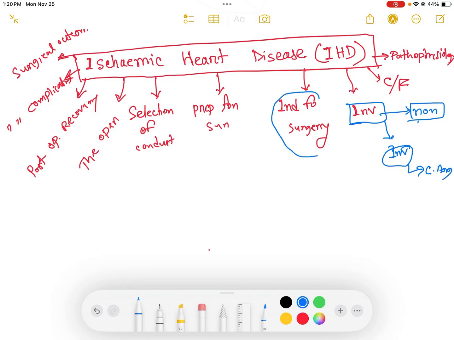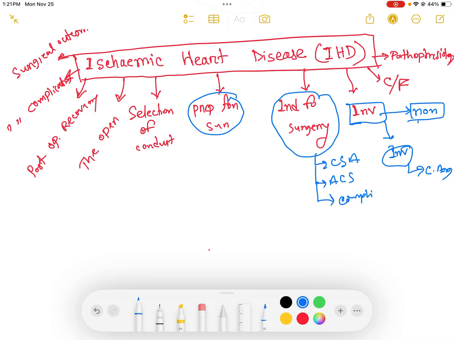Indications for surgery. In case of chronic stable angina, acute coronary syndrome, then surgery for complications. Preparation for surgery.